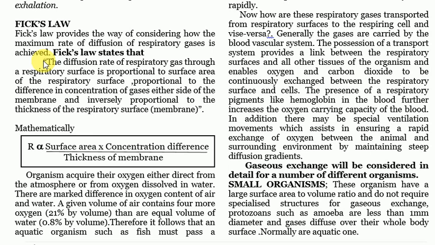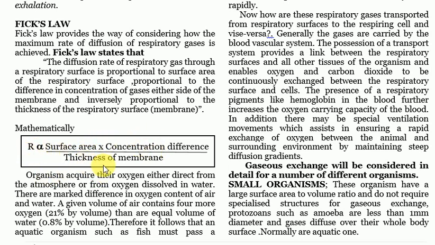Now, from Fick's law, you can see directly that the rate of diffusion, R mathematically, is directly proportional to the surface area, directly proportional to the concentration difference or concentration gradient, and inversely proportional to the thickness of the membrane. That is to say, if we increase the surface area, we are increasing the rate of diffusion of the respiratory gases. If we increase the concentration difference, we are increasing the rate of diffusion.